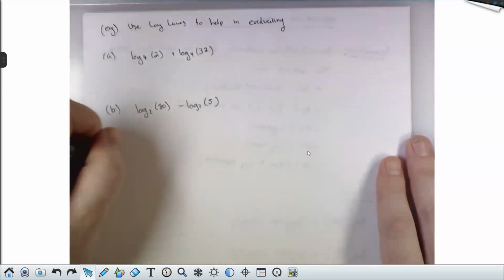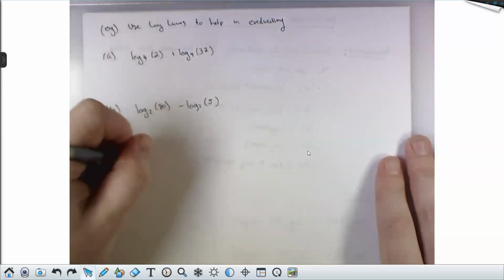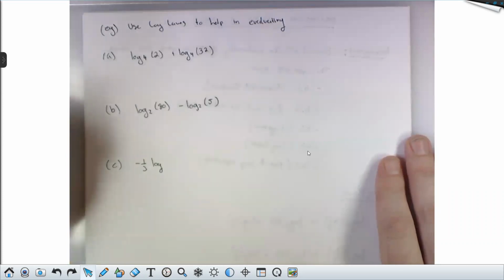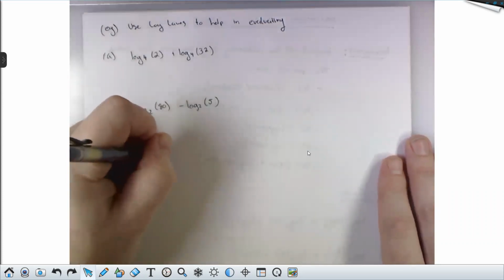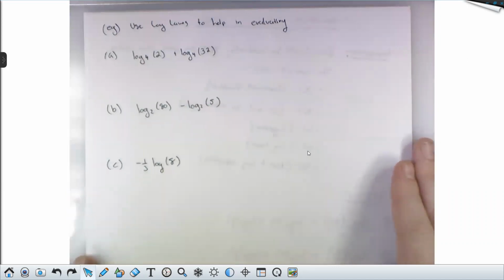This last one from this part of the textbook, I'm not crazy about because it will require a calculator at the end, whereas the other ones do not. But negative 1/3 times the log of 8. And remember, log without a base written here is always the base 10 logarithm.